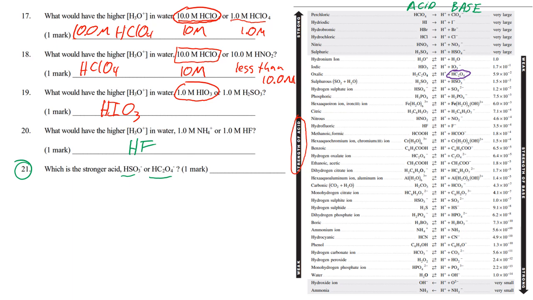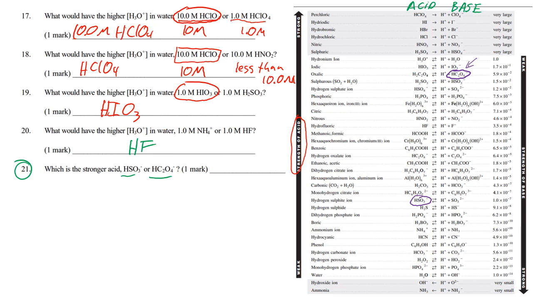Then they look for HSO3-, and they might go, there's HSO3- right there, and they might think, hey, HC2O4- is stronger, it's higher up. But this one is on the base side. So you're comparing a base and an acid.